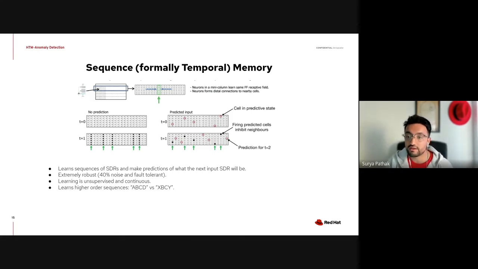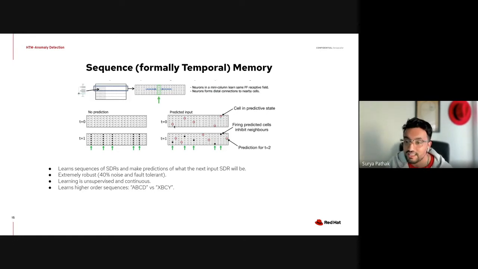If I take another case, which is a predicted input, I already know that this particular feed forward input is coming along. I should be ready. I should predict something. Then single neurons in those columns, as we see over here, are in the predictive state.